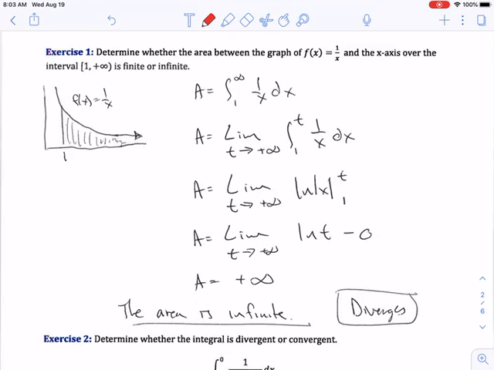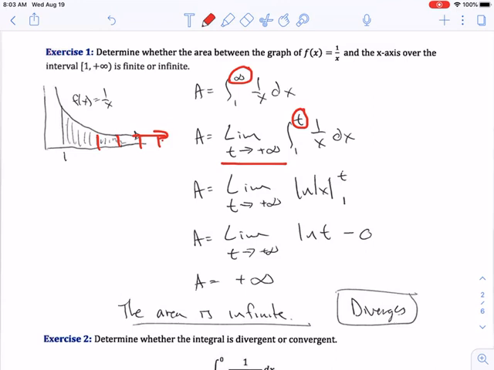The upper bound is infinity, so this is going out infinitely far. The t is moving out further and further. So we remove the infinity and put in a t, and then we find the limit as t approaches infinity. So that upper bound is getting infinitely large.